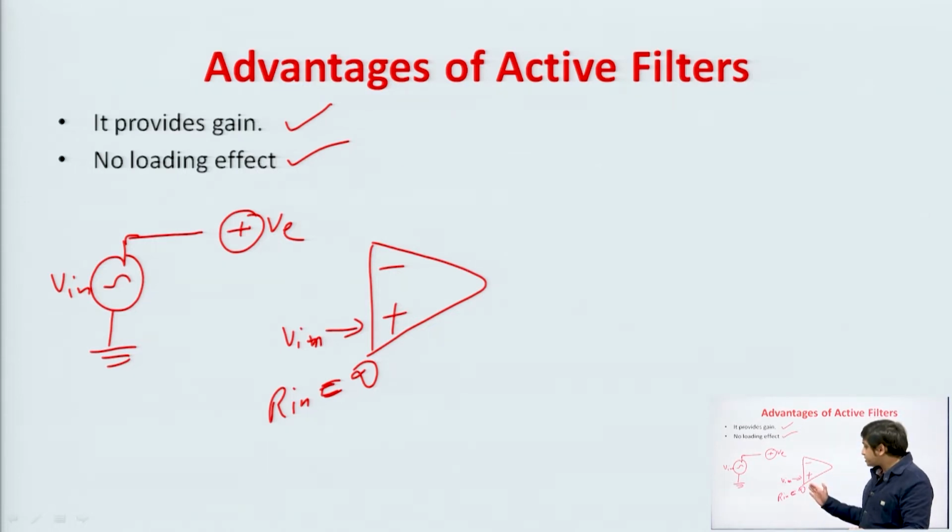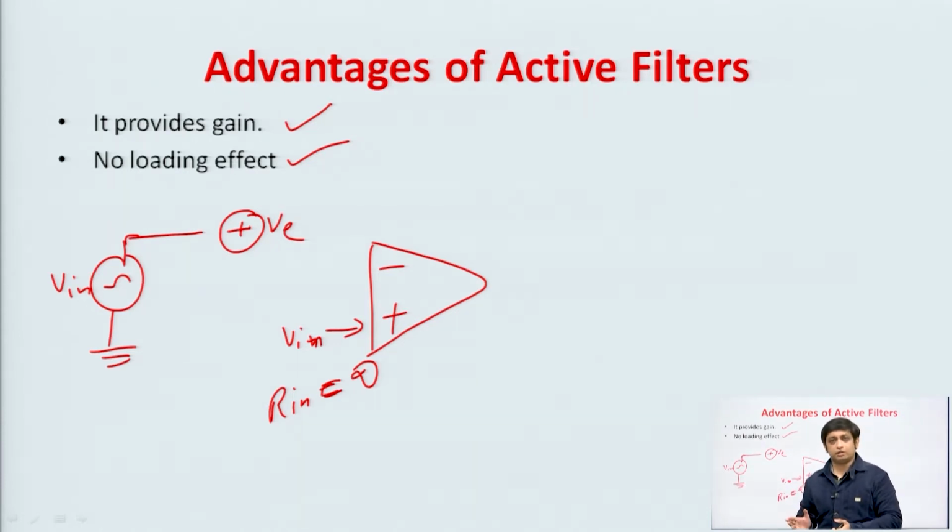Since the input resistance becomes very high, of course there will be no loading effect. So, normally in active filters we use the non inverting configuration of op amp. The reason is that the input resistance in non inverting configuration is more, so we can avoid this loading effect.